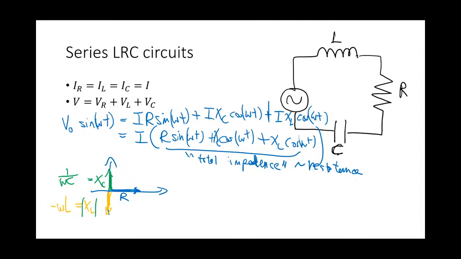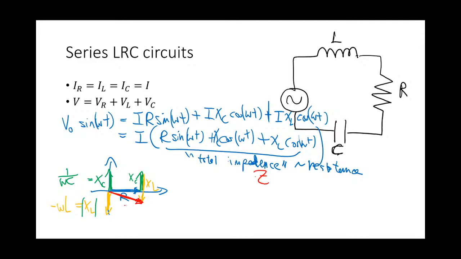So if we're to sum these things up, we would move head to tail, head to tail, head to tail, right? So we'll do that, and then we'll do that. Maybe it's a little longer, I don't know. And then that's the overall sum.